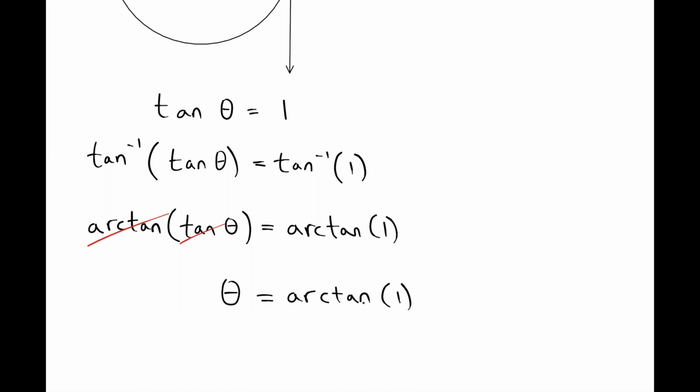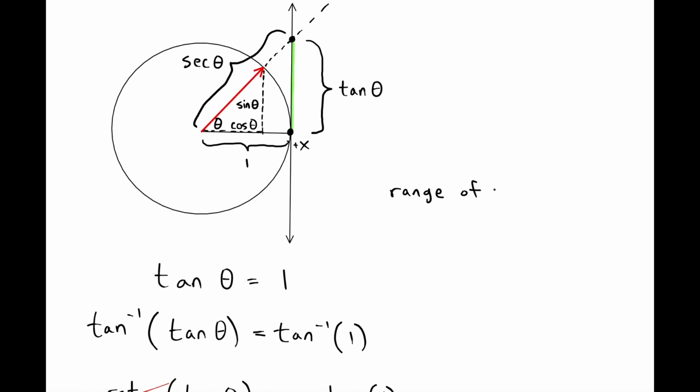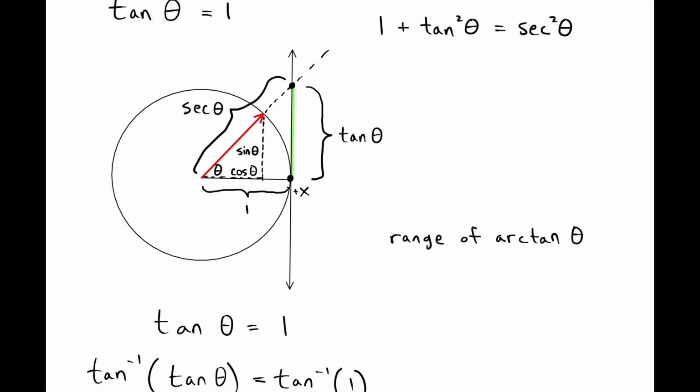Now, like all the inverse trig functions, they have a limited range. The range of arctan can be drawn on the unit circle. It's only going to be angles from -90 to 90 degrees. Non-inclusive. So here's a -90 degree angle. Here's a 90 degree angle.